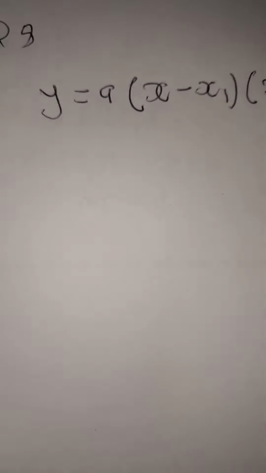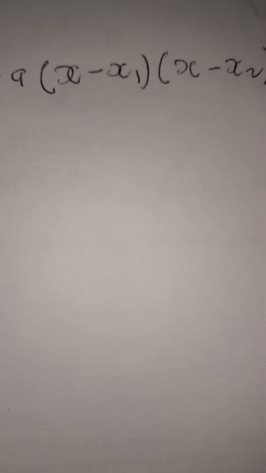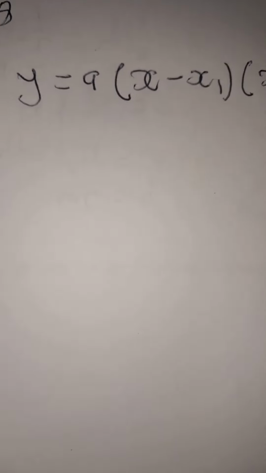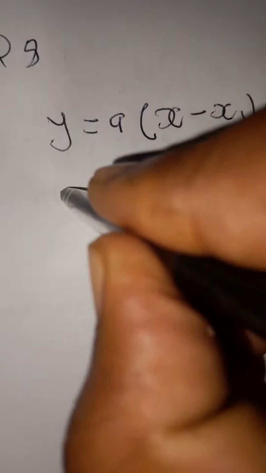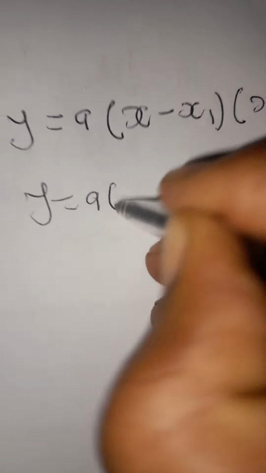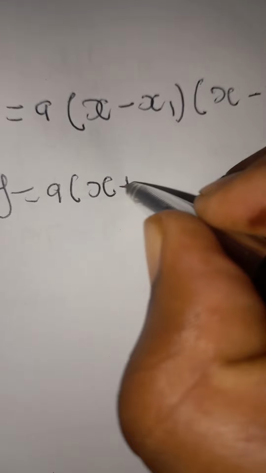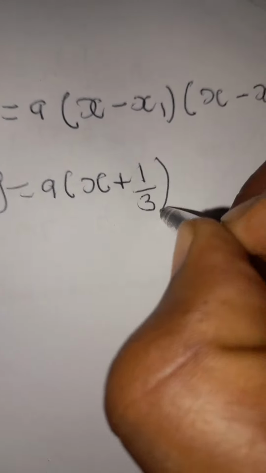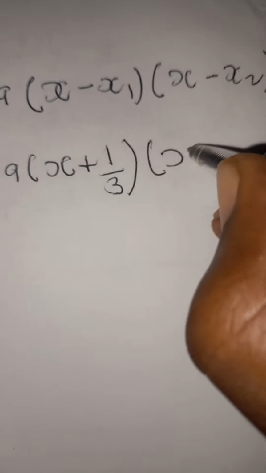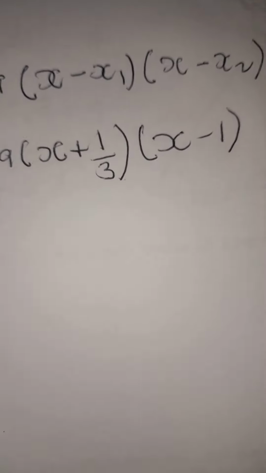When you're given two x-intercepts and another point, you can use this formula. Remember our first x-coordinate was minus 1/3, so we're supposed to put plus 1/3 there. Then we have positive 1, that will be minus 1.